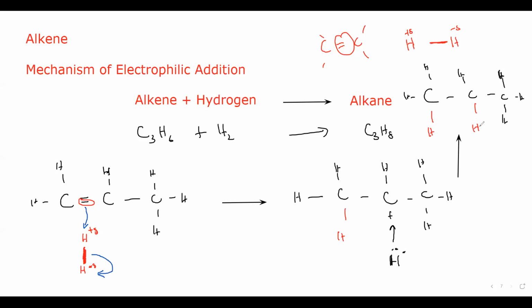Is it clear? And the positive charge here on this carbon can be on the other one. If hydrogen is added to the second carbon, then the charge will be on the first carbon, and that will be a positive charge.